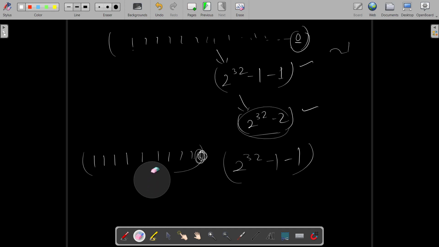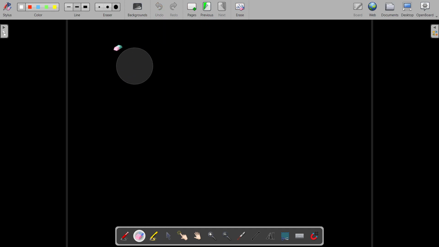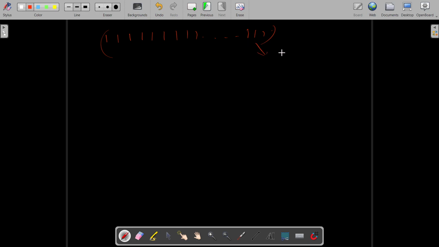Let me tell you this again. Let me take you to page 3. If a number has all the 32 bits set, let's say these are the 32 bits and all of them are set, we can write that number this way: 2 raised to power 32 minus 1. This is the largest unsigned number in the 32 bit representation.